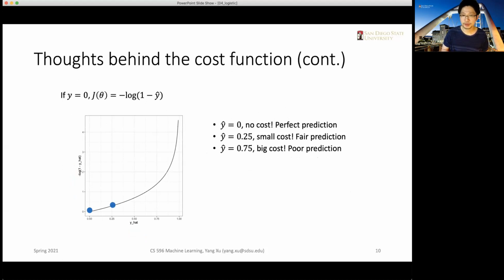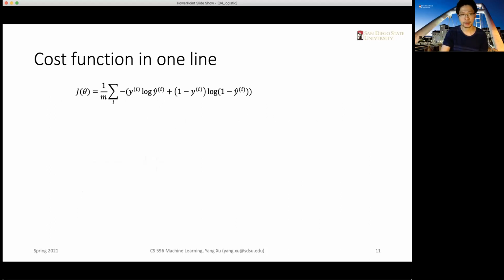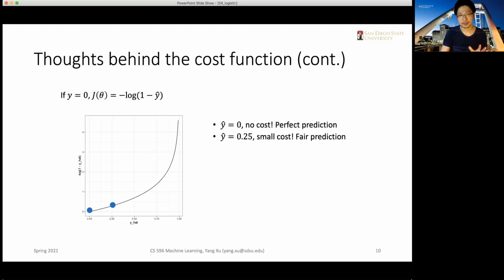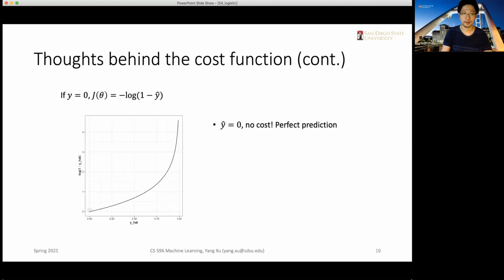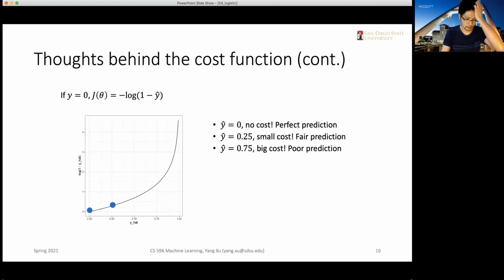But if the prediction is a wrong one, getting towards the other side, the cost will increase really fast. When we are making a totally opposite prediction, then the cost will be infinite. It's basically the same case as the previous example. So you can use these two slides to help yourself understand why such a cost function would be exactly the one we need for making binary predictions.